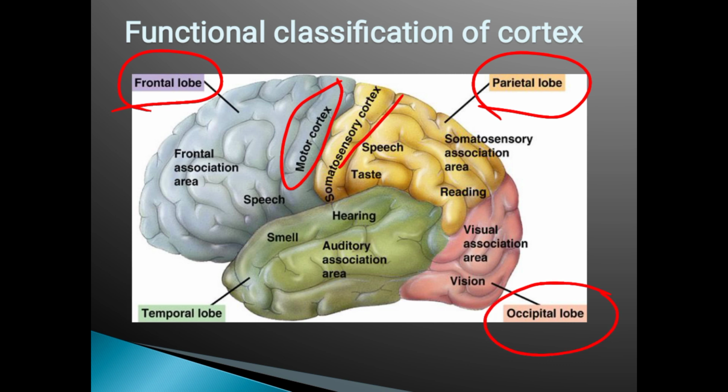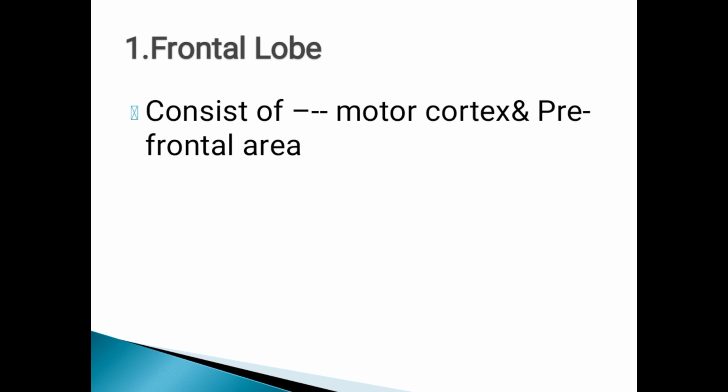The occipital lobe is mainly for vision; whatever you see, the impulses go to the occipital lobe. The temporal lobe, present behind the ear, is mainly concerned with hearing. Auditory areas are present there. We will see each one.